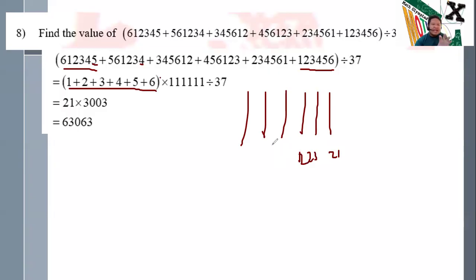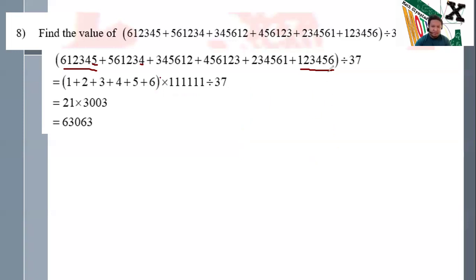Because of that, we can express it in such a way that if all of the numbers are rearrangements of 1, 2, 3, 4, 5, 6, we can express that as 1, 2, 3, 4, 5, 6 times 1, 1, 1, 1, 1, six numbers, multiplied by 21.